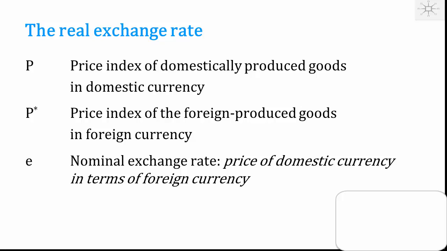But here, remember, the nominal exchange rate is the price of the domestic currency. So if E goes up, it means that the domestic currency is increasing in value. And that is called an appreciation. And if E goes down, it means the domestic currency decreases in value, and that is called a depreciation.